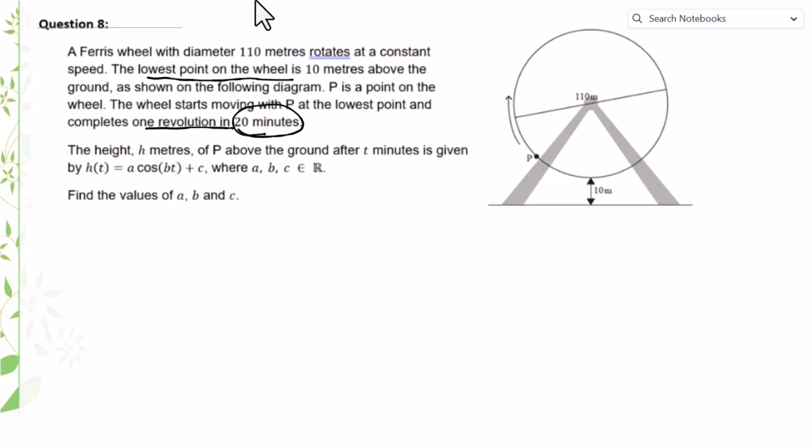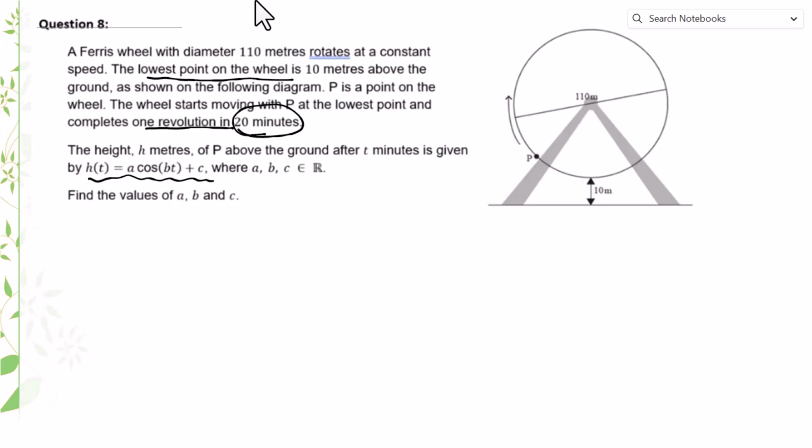The height h meters of P above the ground after t minutes is given by this function, where a, b, c are all real numbers. Find the value of a, b, c.